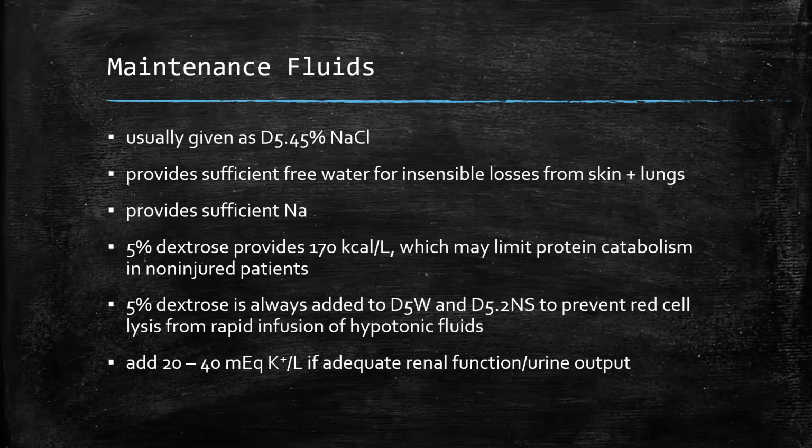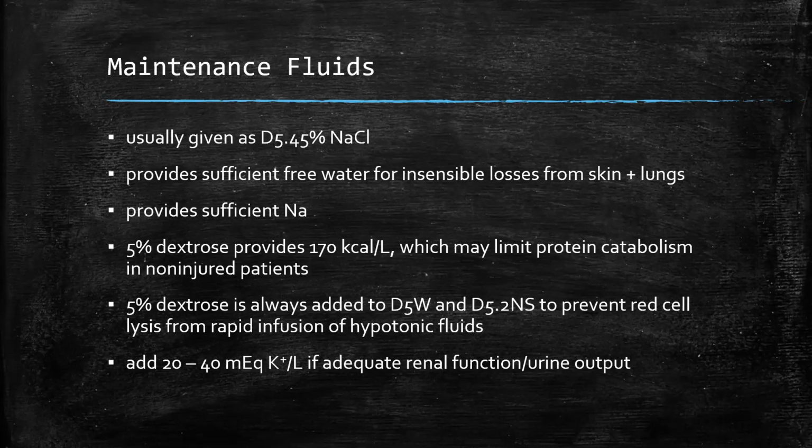Now, why is dextrose added to some of these fluids, like we typically will write for D5.45? What is the point of this dextrose? Well, it gives 170 kilocalories. If you remember, dextrose is 3.4 kilocalories per gram. So we get 170. The idea is that at least in a non-injured or non-inflammatory type patient, this may limit protein catabolism.